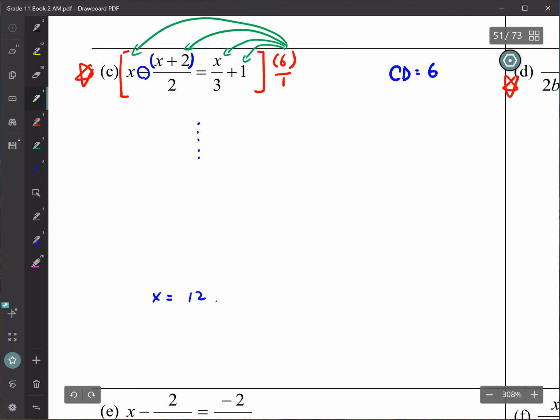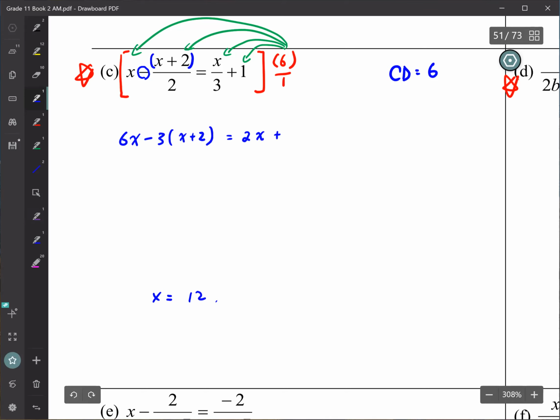All right, so let's quickly go over that. So this one, if you times it by 6, the first one will be 6x. I'm going to do it a little bit slower. When you multiply 6 with the second fraction, you cancel out with the 2, so you're left with a 3. And then the 3 is going to multiply into the brackets. And then the third fraction, you will be left with a 2.